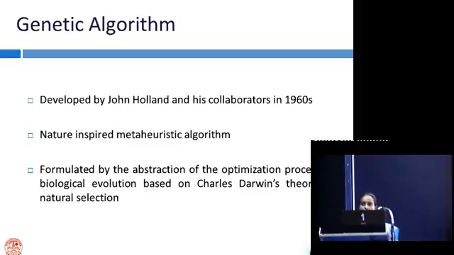Now, we are using a genetic algorithm for the SVM parameterization. Genetic algorithm is a nature-inspired meta-heuristic algorithm which is formulated by the abstraction of the optimization process of biological evolution, based on Charles Darwin's theory of natural selection. It was developed by John Holland and his collaborators in the 1960s.